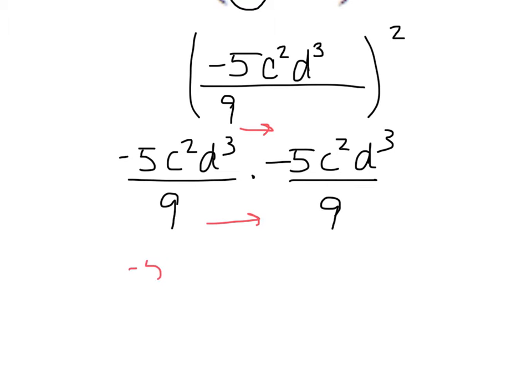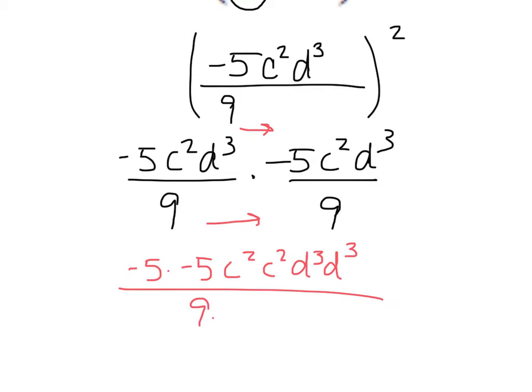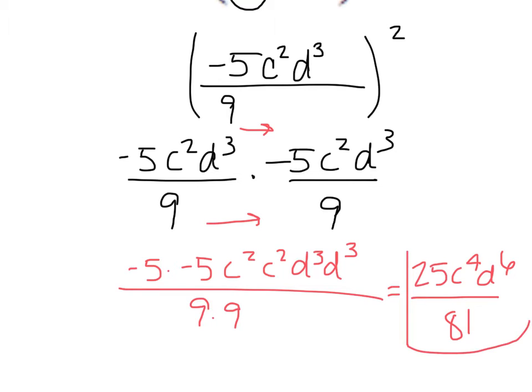So I'll have negative 5 times negative 5 c to the second, c to the second, d to the third, d to the third, over 9 times 9. So I'm going to have 25 c to the fourth, d to the sixth, over 81. And 25 over 81 can't simplify, so that is your final answer.